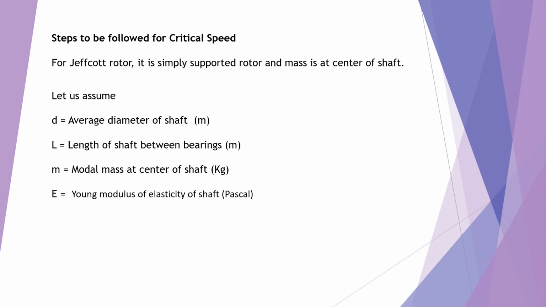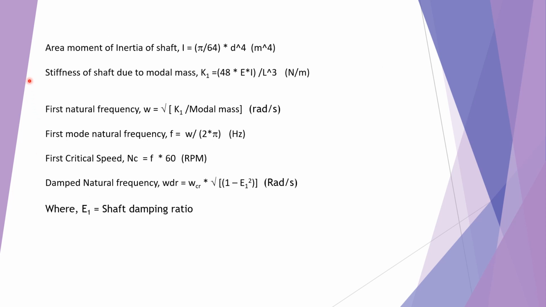E is the Young's modulus of elasticity of the shaft in Pascal. Now the area moment of inertia of the shaft, I, is equal to pi by 64 into d to the power 4, in meter to the power 4. The stiffness of the shaft due to the modal mass is equal to 48 EI upon L cube.